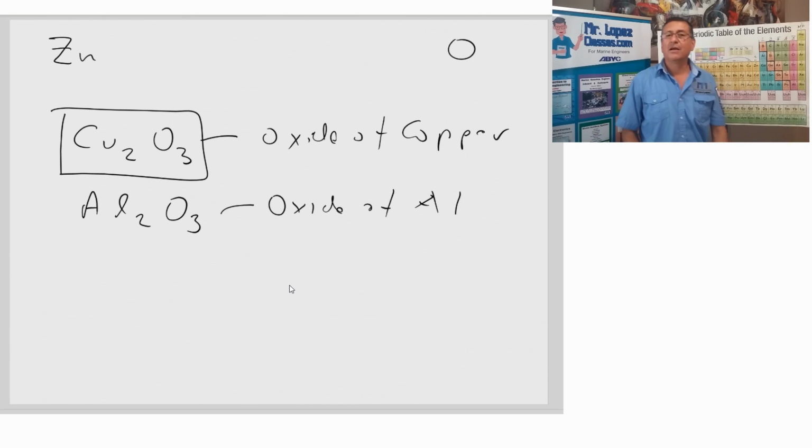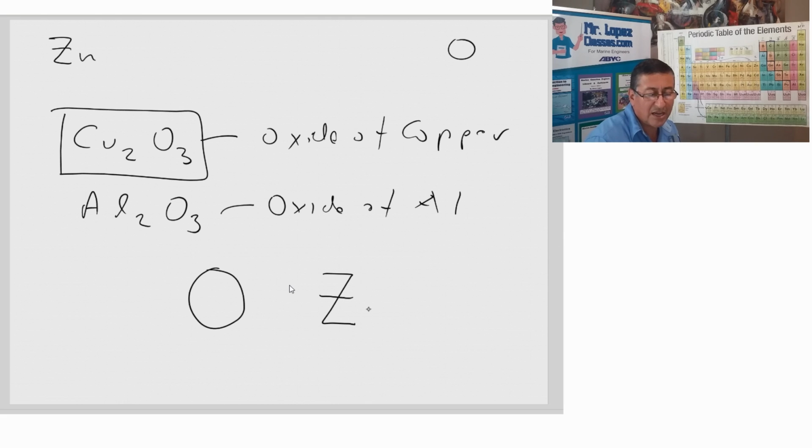It's complicated. What happens when the oxygen attacks the zinc? When the oxygen attacks the zinc, the oxygen has 6 electrons in the last orbit and zinc has 2. What happens? Which element has more energy? Oxygen. Which element has less energy? Zinc.